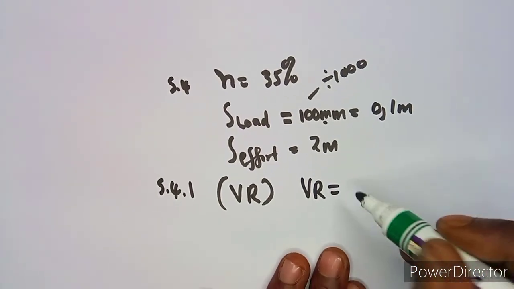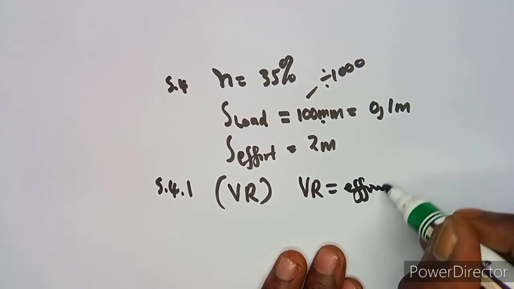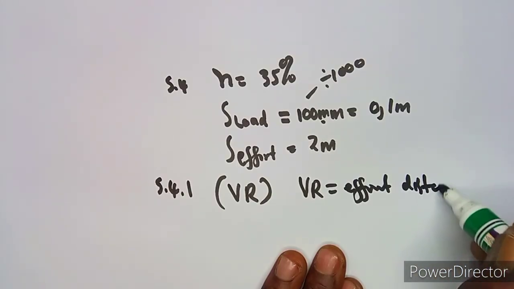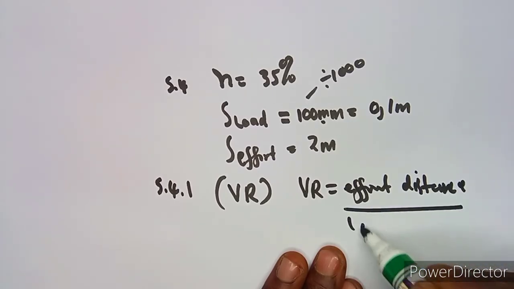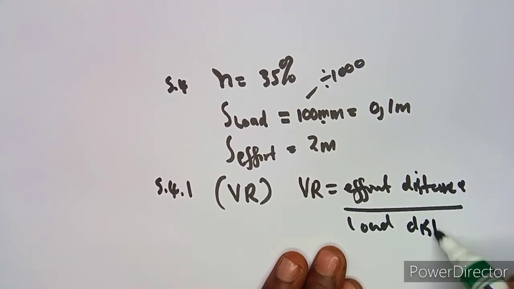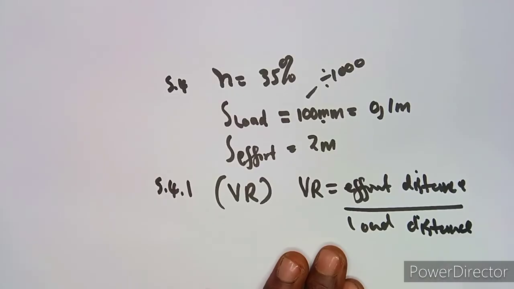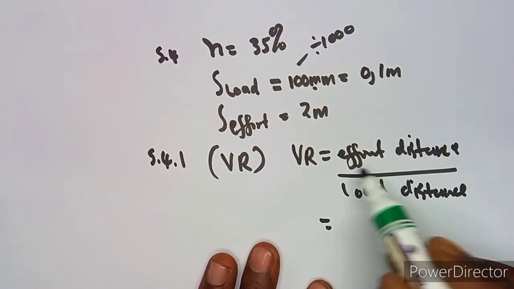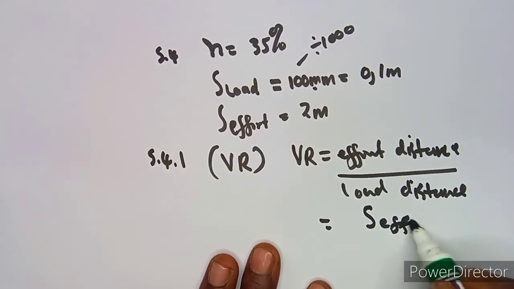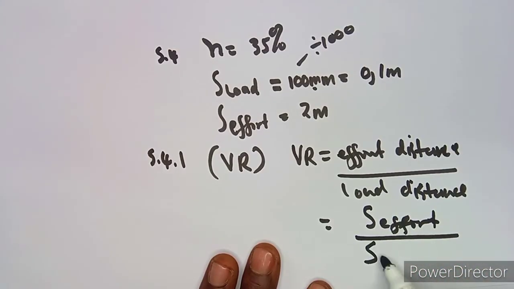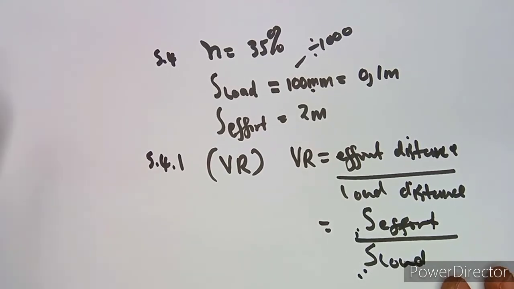The effort distance is S effort over S load. You can just write S for distance. So it's just a substitution.